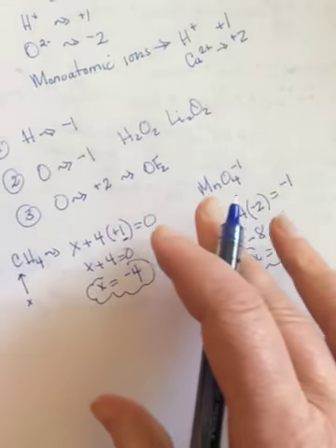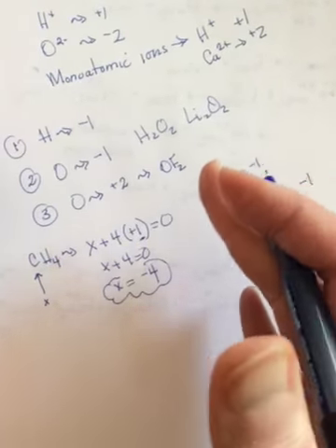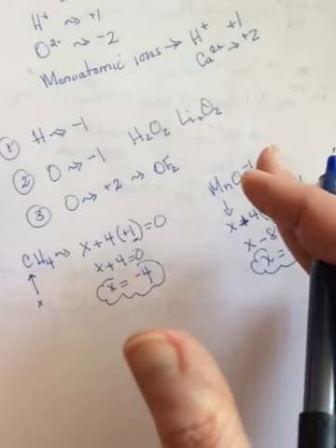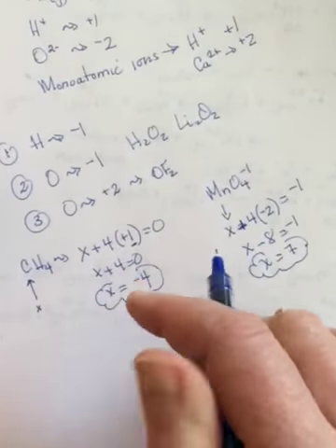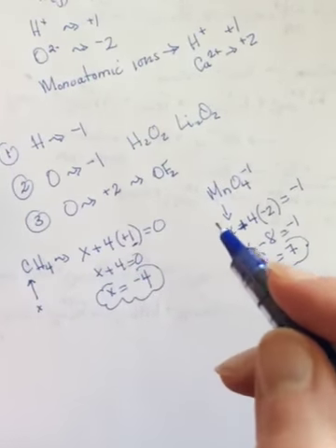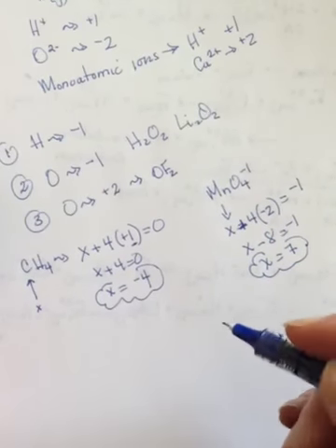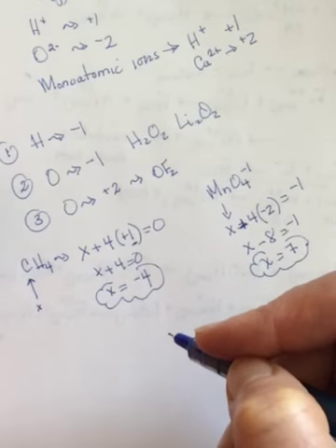Okay? Now, there are 2 other little factors. You might be saying, but what does this have to do with redox reactions? Well, if the oxidation number of an atom or an ion changes during a chemical reaction, then it means there's an electron transfer.